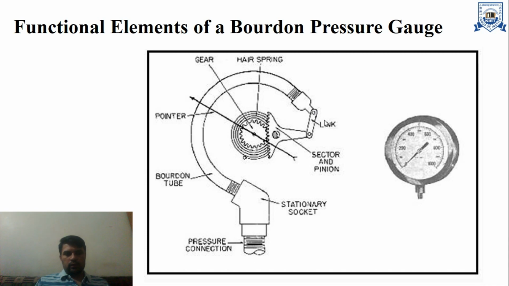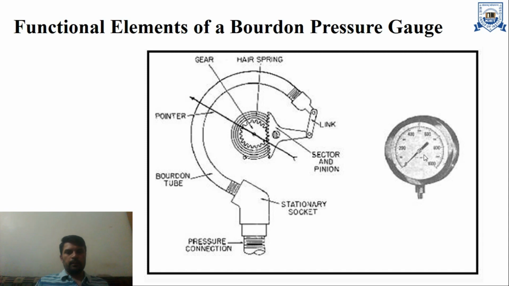So here is a link attached with this sector. As this expands and compresses, it moves, and as it moves, it produces a linear motion, and this linear motion is converted into rotary motion using this gearbox. So in this example we converted pressure reading into distance measurement, and over here we calibrated our scale.